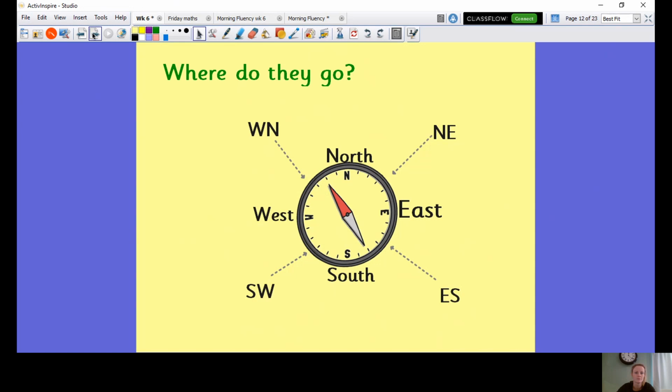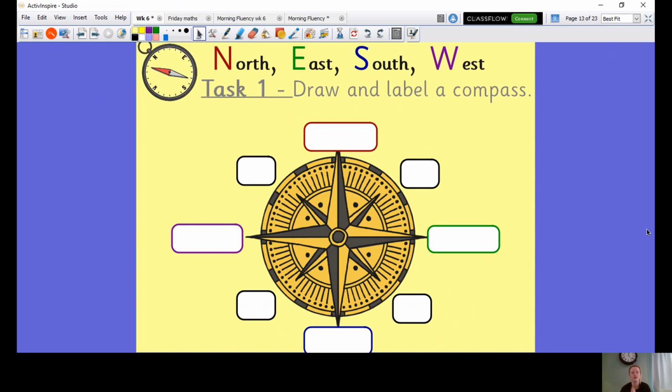It's quite clever, really. So what I want you to do for your first task is draw and label a compass. And I want you to put all 8 of those directions in. Now, I definitely want you to write north, east, south, west, because we've already had a little bit of practice on that. But for the ones in between, you could just write the initial.